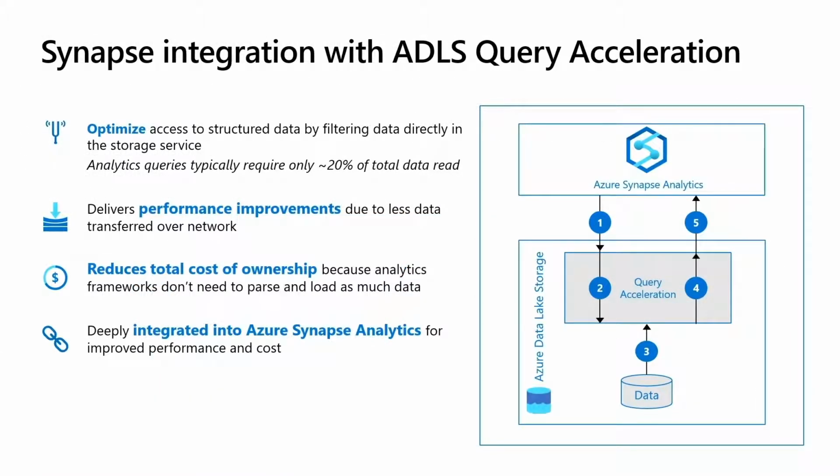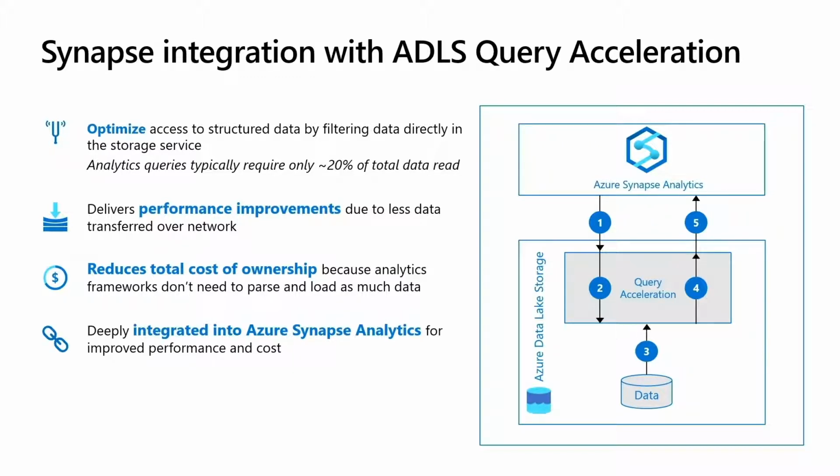Another element that we spoke about earlier is the integration between Synapse and ADLS around the new query acceleration feature. Query acceleration allows elements of the query, the query optimizer within Synapse has been enlightened such that it can push certain predicates and column projections down into the storage layer.